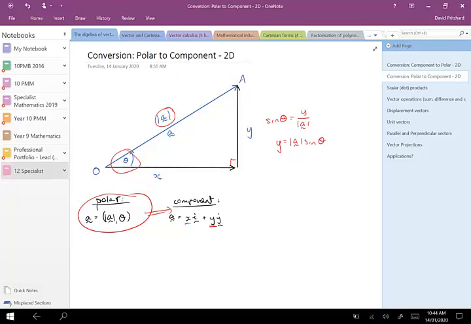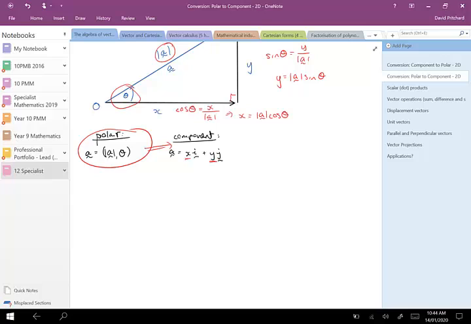If we do the same thing over here with the x, we get cosine of the angle is the adjacent over the hypotenuse, so x over magnitude of a. Then we end up with x is equal to magnitude of a cos theta.